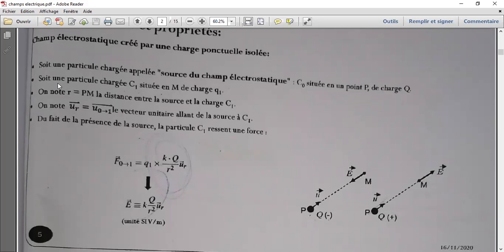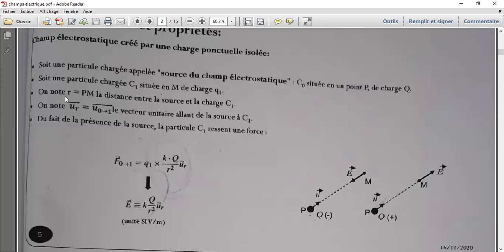Then, soit une particule chargée C1. We have another charged particle, C1, situated on M, with the charge Q1. So we have two particles: one situated on P, which is C0, and another situated on M, which is C1.